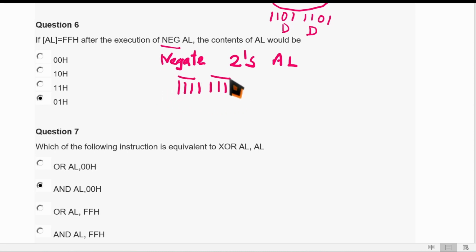This is F, this is F. So take the 2's complement of this number. It will be 0, 0, 0, 0, 0, 0, 0, 0. Now this is the 1's complement. For taking the 2's complement, you will add 1. So you will get 0, 0, 0, 0, 0, 0, 0, 1. So the answer will be 01.